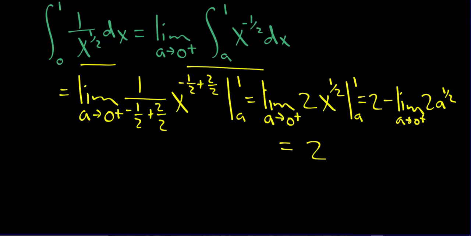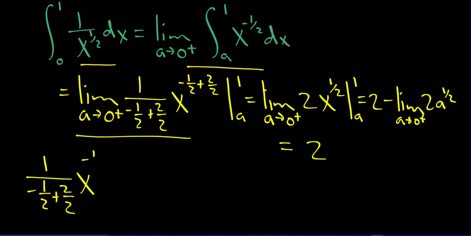What would you do from there to the next line? From here, on this step right here, I was finding the antiderivative. I was going 1 over negative 1/2 plus 1, x to the negative 1/2 plus 1. Okay. So I was just getting the antiderivative. Okay, any other questions about that?